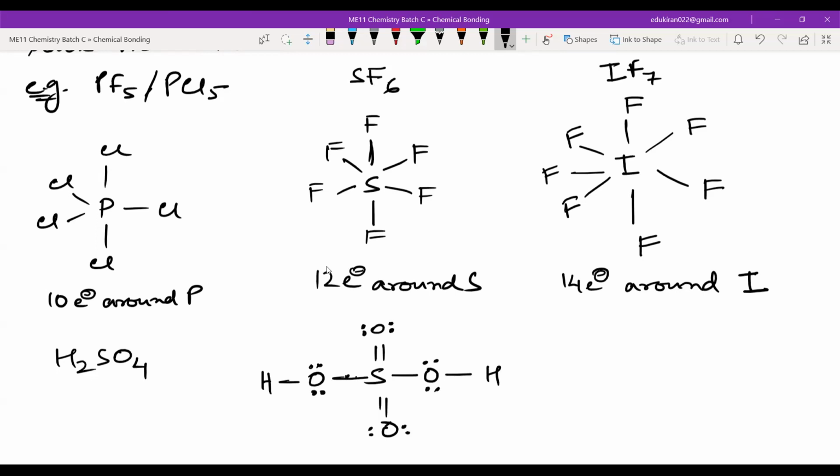As you can see, sulfur has 1, 2, 3, 4, 5, 6, 7, 8, 9, 10, 11, 12. Here also 12 electrons around sulfur.